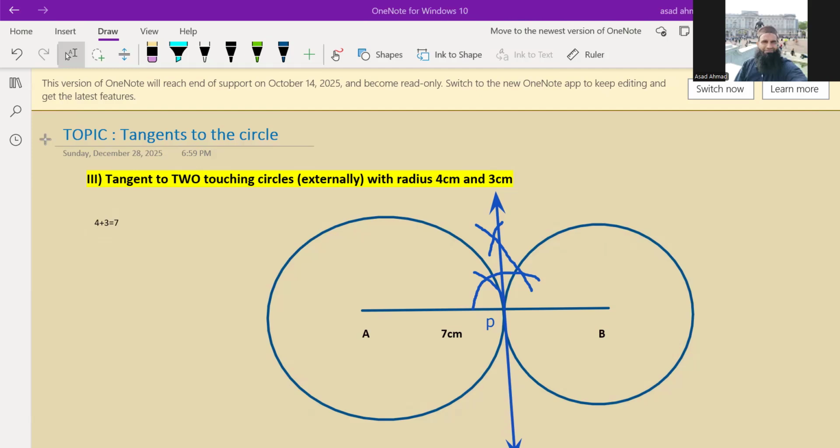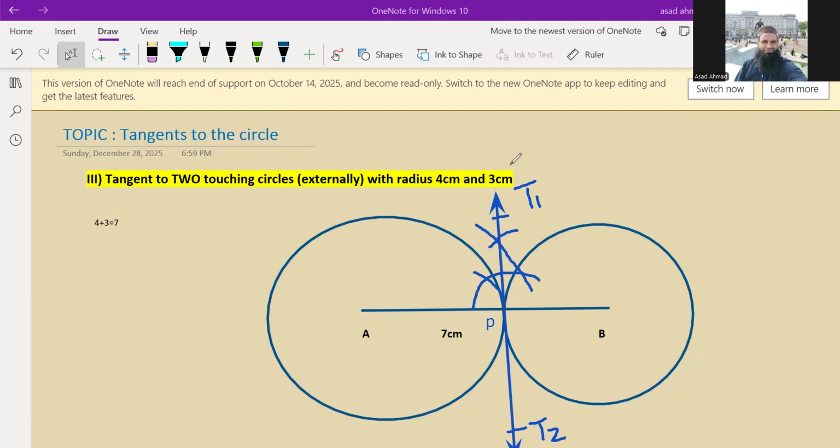Take a 90-degree angle at B, and simply make one tangent line, label it, for example, T1 and T1 dash. So this is a common tangent to two touching circles. So this is how you have to make two touching circles externally. I hope you will be able to understand this.